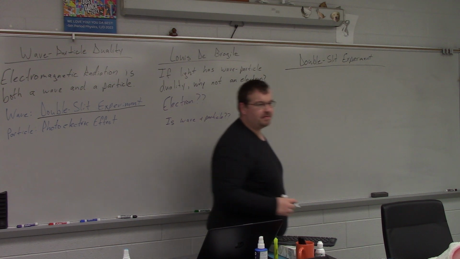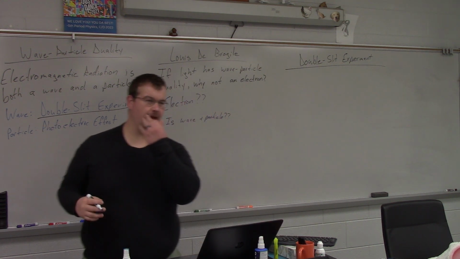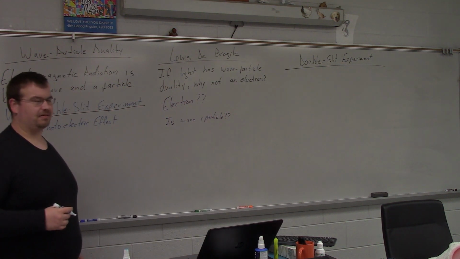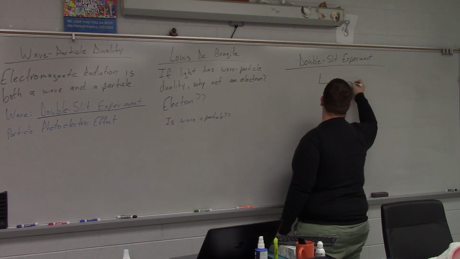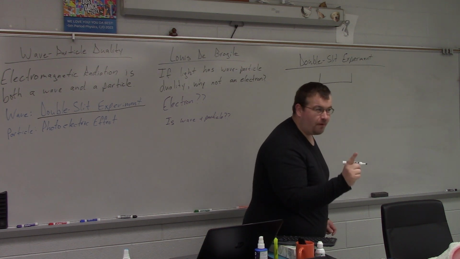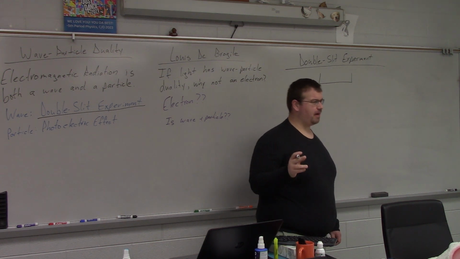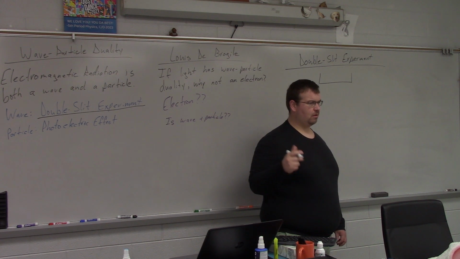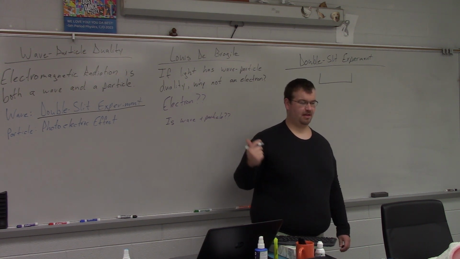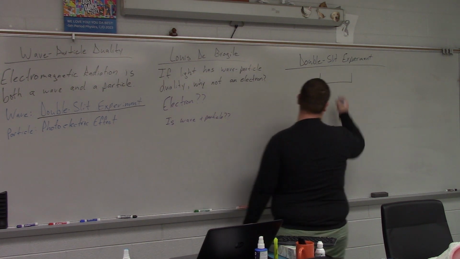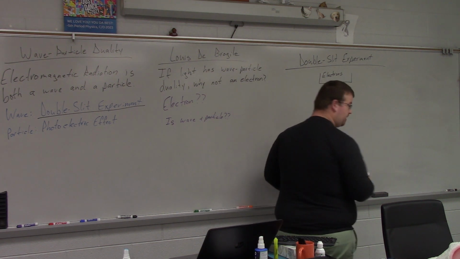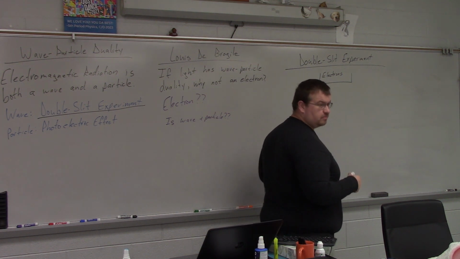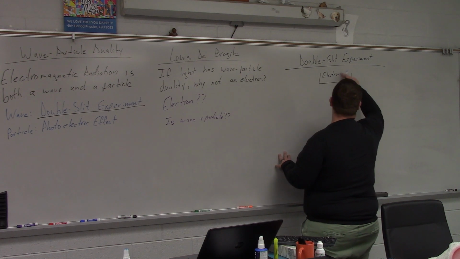So double slit experiment. If you don't remember the setup, don't worry. Mr. Hall's here to help you. So we have a box that emits out whatever source we want. Remember, we're not looking at electromagnetic radiation anymore. What are we looking at? Electrons. So, here are electrons. It's going to get released out. So an electron emitting device. Just call it that.